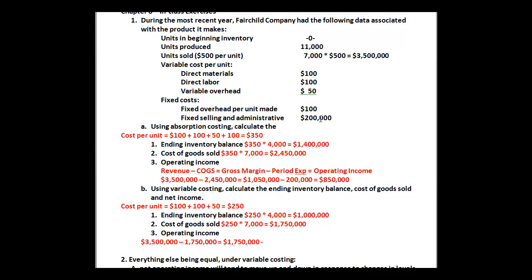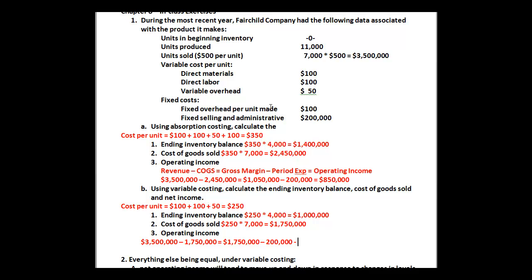Then we want to subtract out everything that's going to be treated as a period cost. Obviously, the fixed selling and administrative expenses are a period cost, so we want to subtract the $200,000. And then remember, under variable costing, the fixed overhead cost is treated as a period cost. So the fixed overhead is going to be expensed in the period incurred. So for your fixed overhead, it's $100 per unit made.